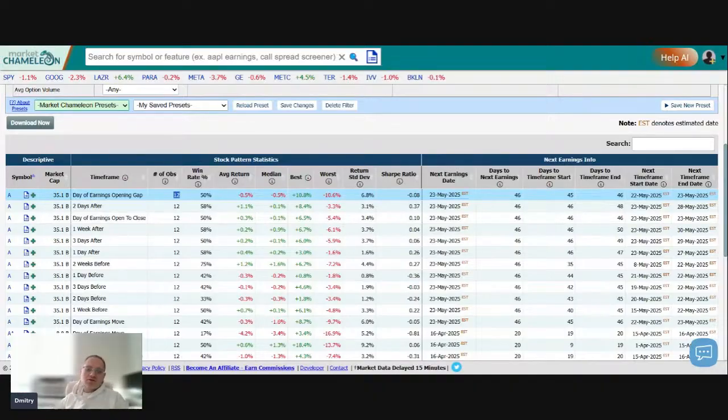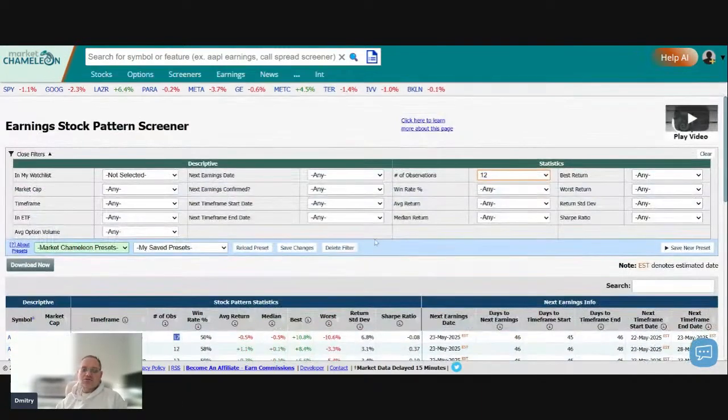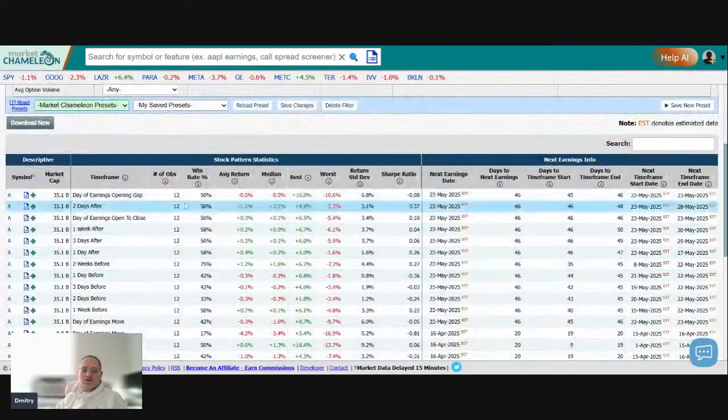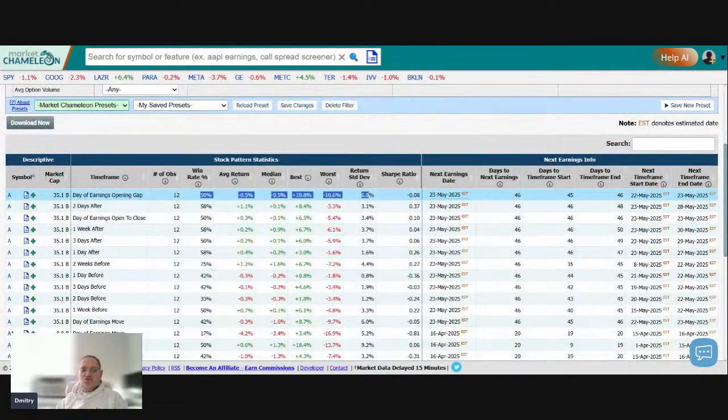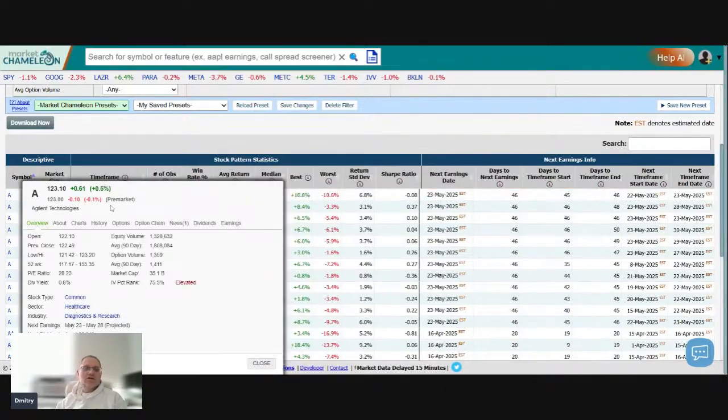So this would be three years of data in this analysis, which you can look at and change in here. Then we have the statistics. So what happened on this particular opening gap in this stock? A here you can see is Agilent Technologies.